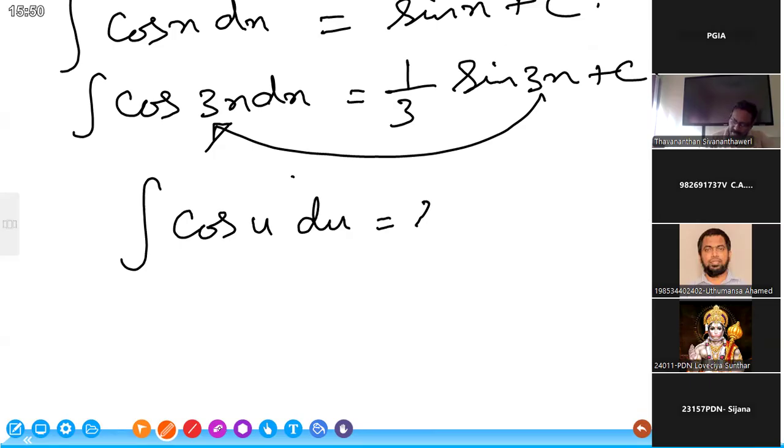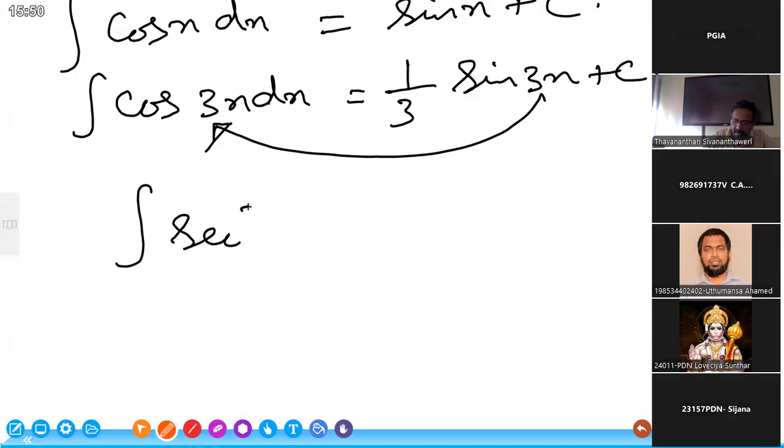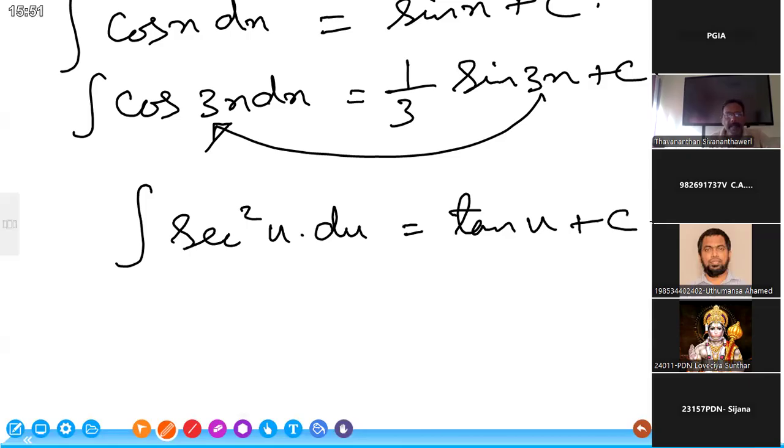So we'll go with tan and others. Integration of sec square u du, I'll give it in the general form, is equal to tan u plus c. We are not going to talk much about other functions of integration.